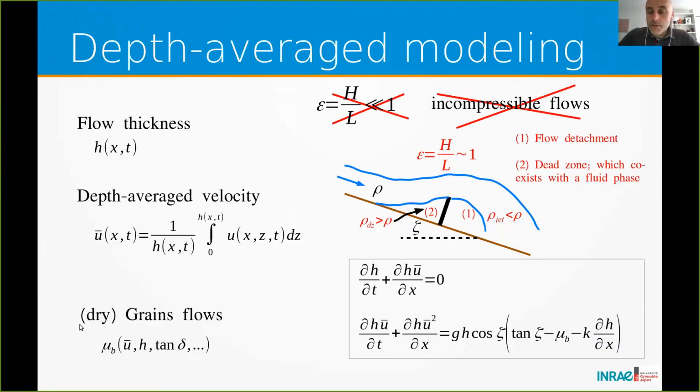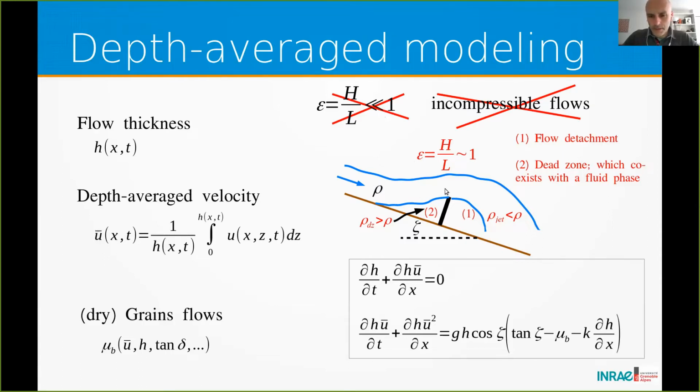But of course, these models have some big limitations. When you put an obstacle into the flow, you disturb the flow a lot. And of course, the initial assumption, which is that epsilon is much smaller than 1, becomes false. So epsilon becomes of the order of 1 in this type of interaction.